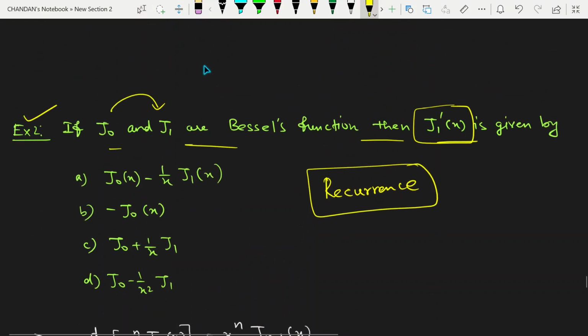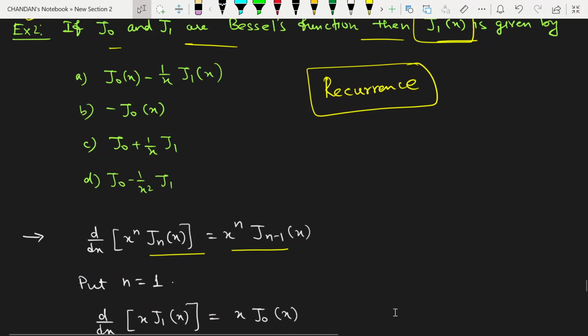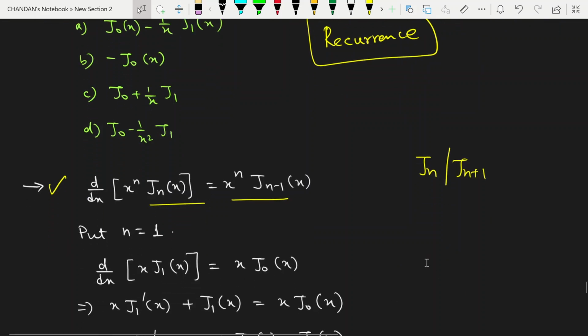See here, only two functions and one's derivative are present, so you have to check which recurrence relation contains these two, basically J_n and J_{n+1} or n minus 1, and one of these derivatives. So this recurrence relation contains our required terms.